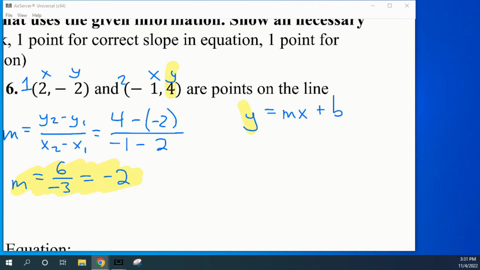So I'm going to use the first ordered pair in this one. Okay. So the y value there is -2. Slope we just found to also be -2. The x value from that first ordered pair is 2. So I substitute that in and then solve for b.